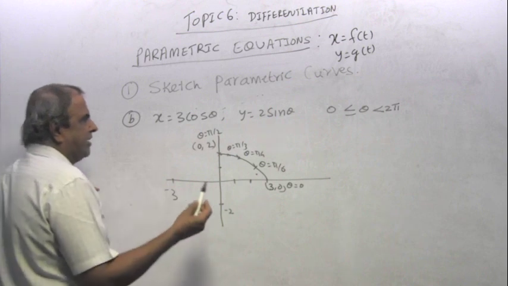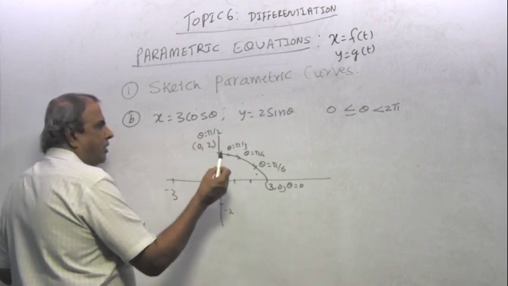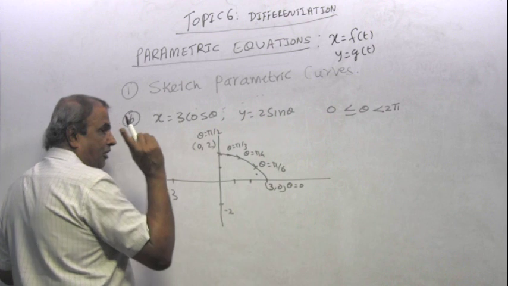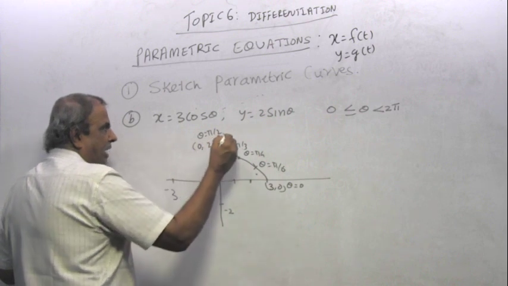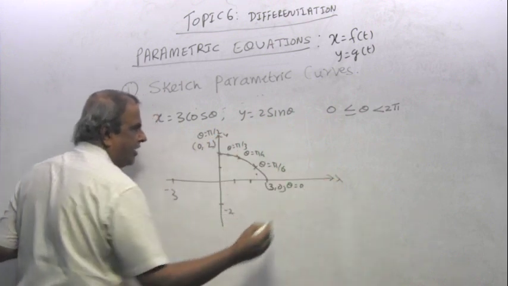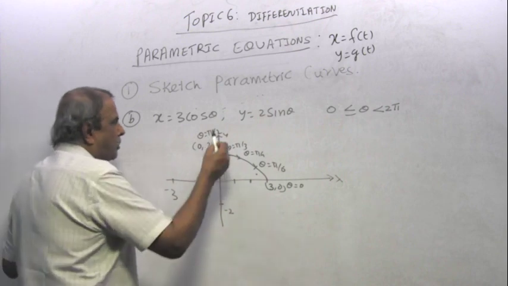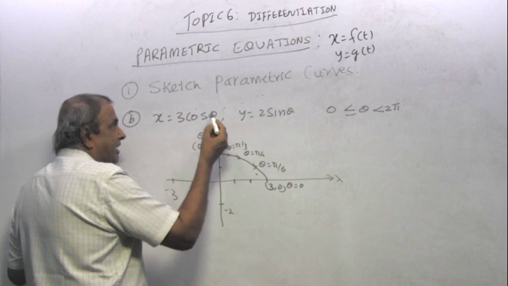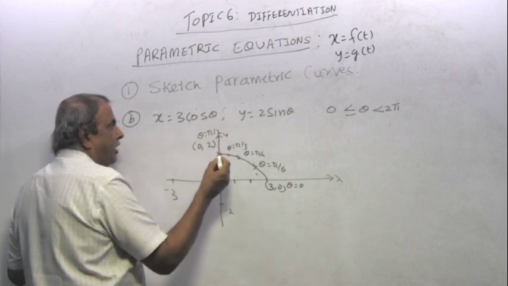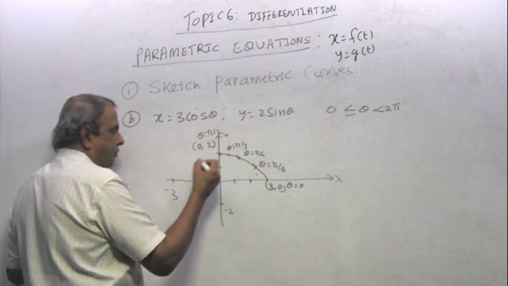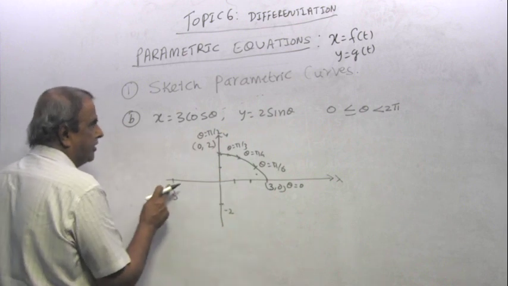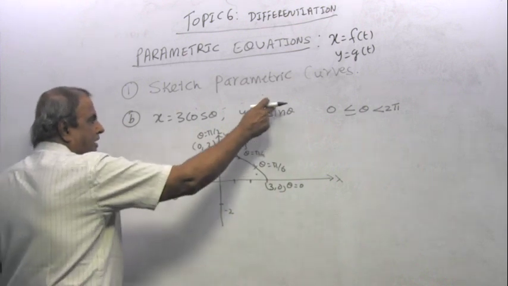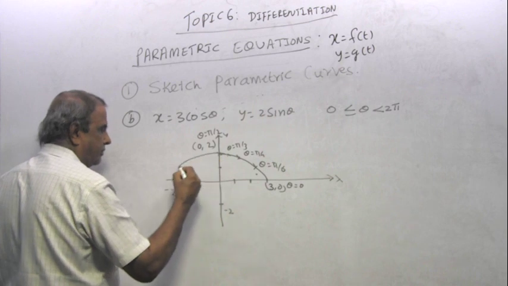As theta increases, look, I am joining in ascending order of theta. This is the y-axis, that is the x-axis. As theta increases from 90 to 180, x decreases further from 0 to minus 3, y will decrease from 2 to 0.